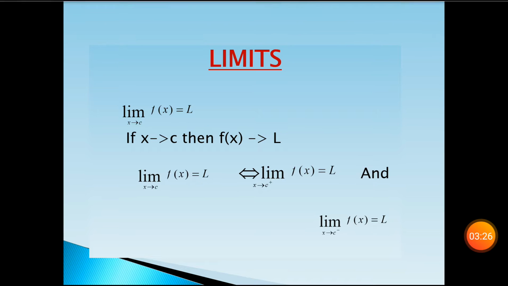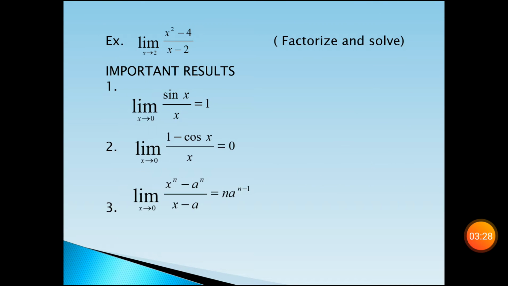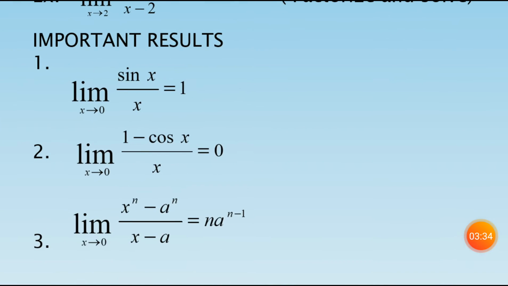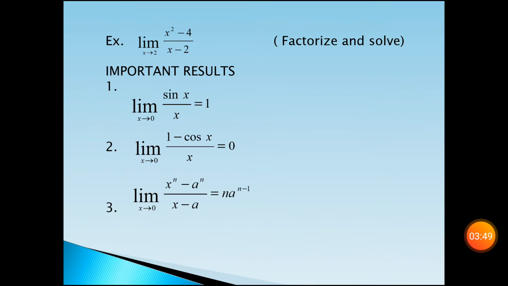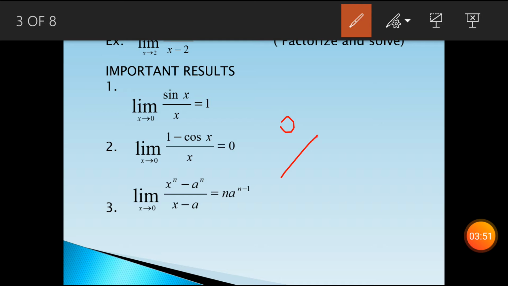A few results you have studied in 11th standard are very important, and a few questions too. Like one question was limit x tends to 2, (x square minus 4) upon (x minus 2). Actually, a few questions were very direct: you directly apply the limit and you get your answer. But these questions were not like that. If you directly apply the limit, you will get 0 by 0 form.